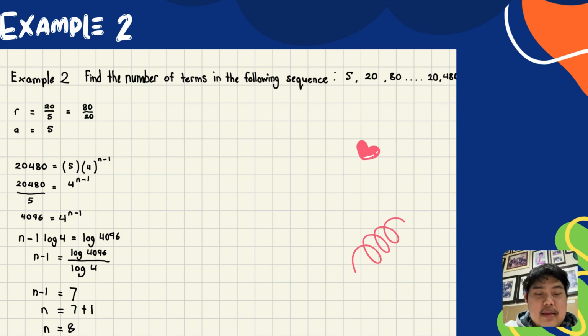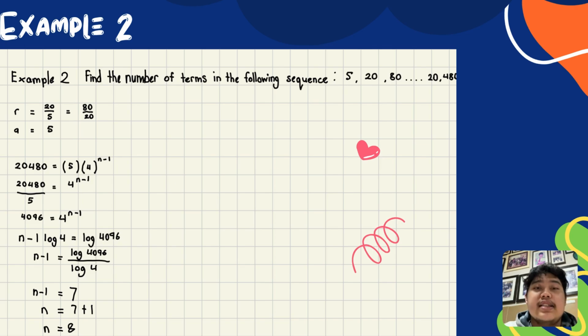So for n minus 1, we need to bring the power to the front so that the 4 will be alone. So n minus 1 and the 4 will have log. So n minus 1 log 4. When we already use log, we need to change everything. So n minus 1 log 4 equals log 4,096. Okay, so now we're going to bring the log 4 to the right side. So we will divide it: log 4,096 divided by log 4.